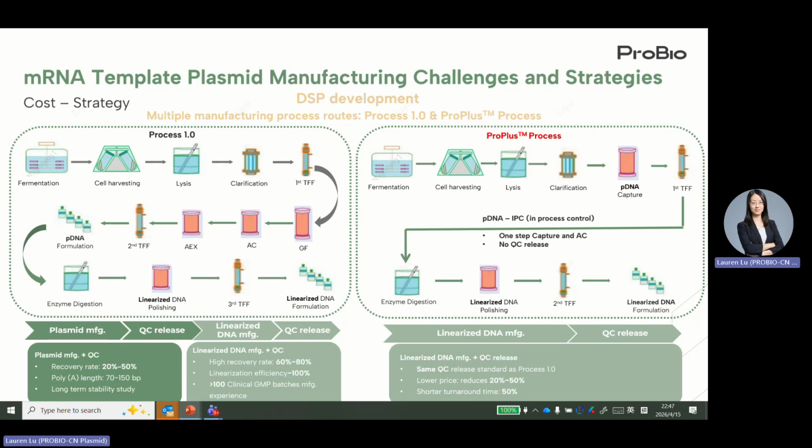The main difference is that ProPlus is a continuous process which starts from the fermentation and directly ends up with linearized DNA. We don't have to manufacture the circular plasmid DNA first and QC, followed by the linearization process and QC. Therefore, the recovery rate is highly increased and turnaround time is decreased, while the cost is heavily reduced.